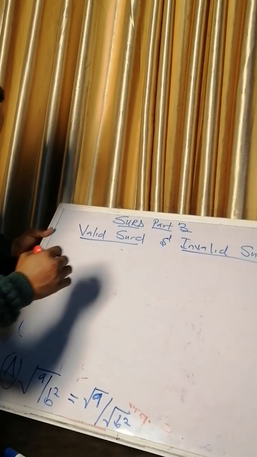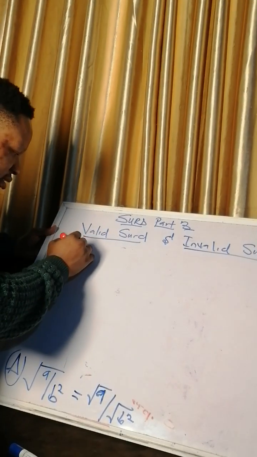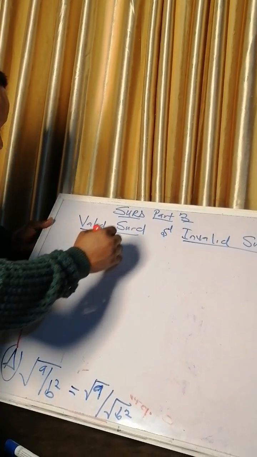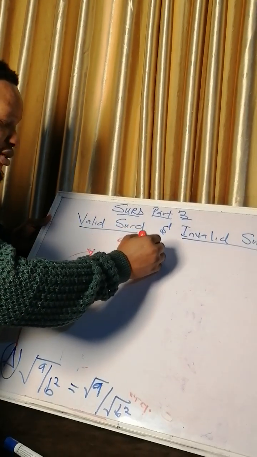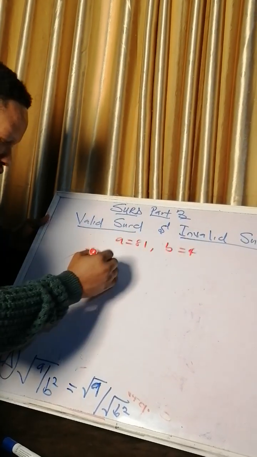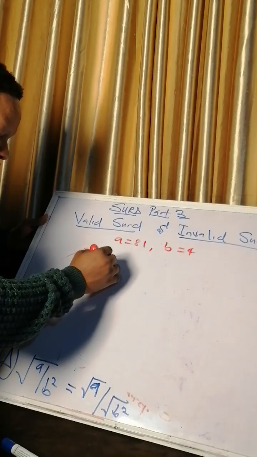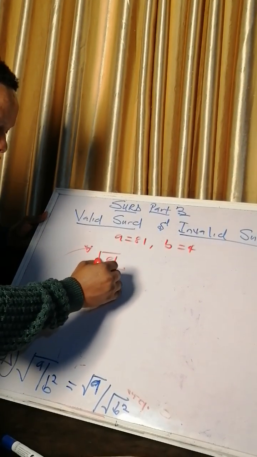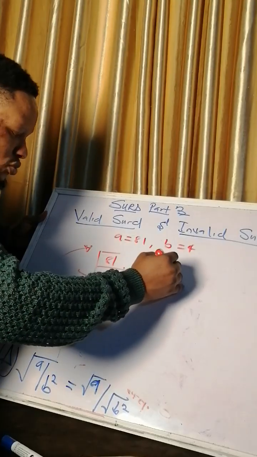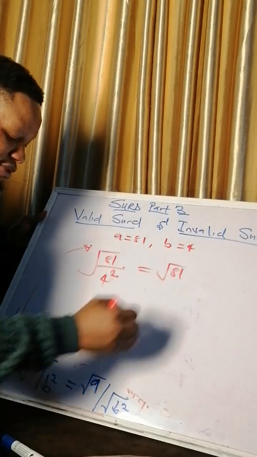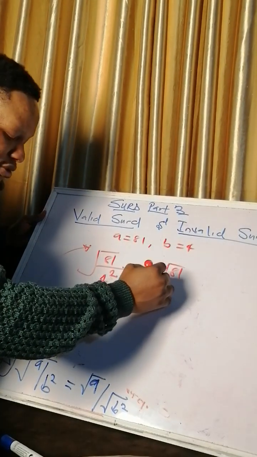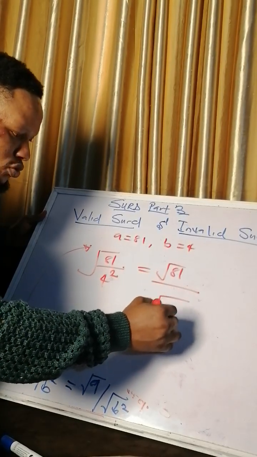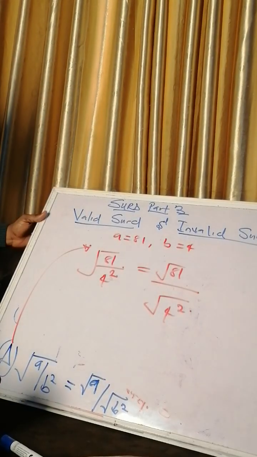Then for number D, you have, what is my A? Don't forget A is 81, then B is what? 4. Then it means you have root of 81 over 4 squared, equals to root 81 over 4 raised to power 2.